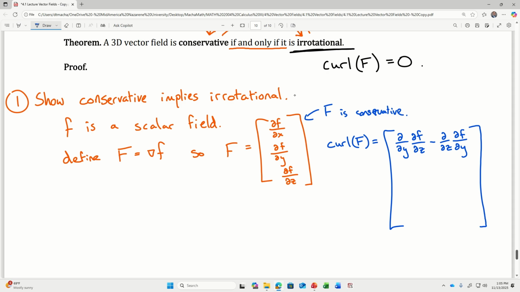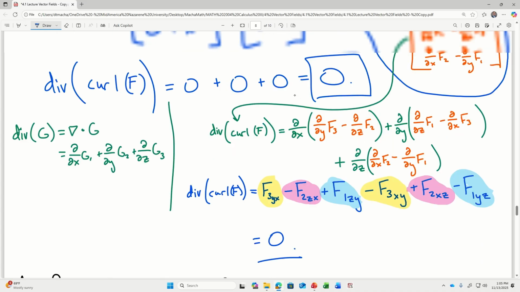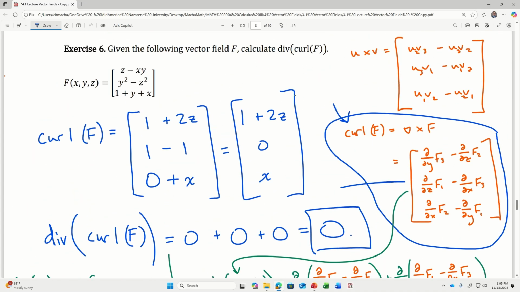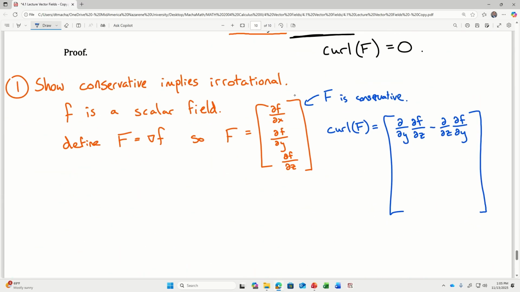Then the second entry in the curl, I'm going to have to scroll up to show you, is right here. It's the partial of f1 with respect to z minus the partial of f3 with respect to x. So the partial with respect to z of the partial of lowercase f with respect to x minus the partial with respect to x of the partial of lowercase f with respect to z.